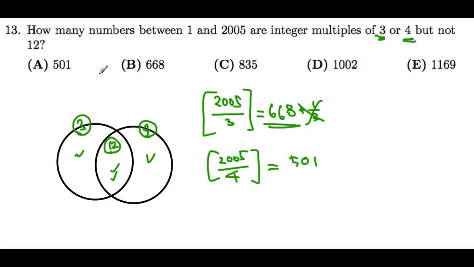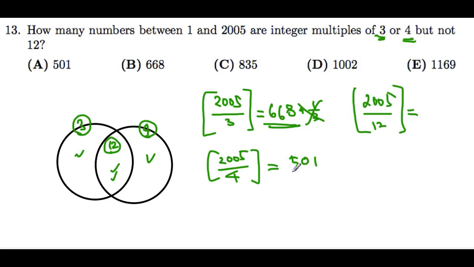But we don't want any multiples of 12, so basically what we can do is 2005 divided by 12. Or we can just divide this one by 3, or divide this one by 4. Either way will be okay.